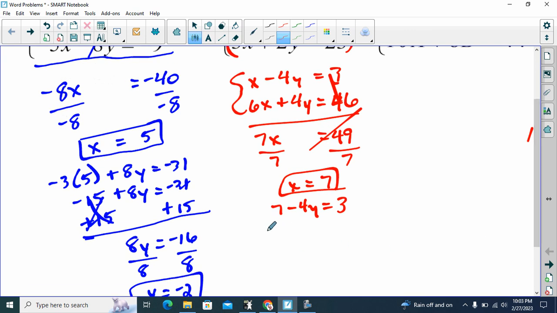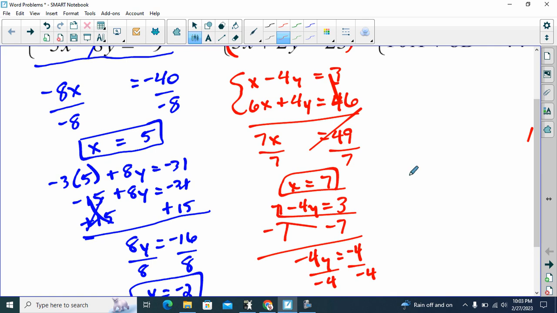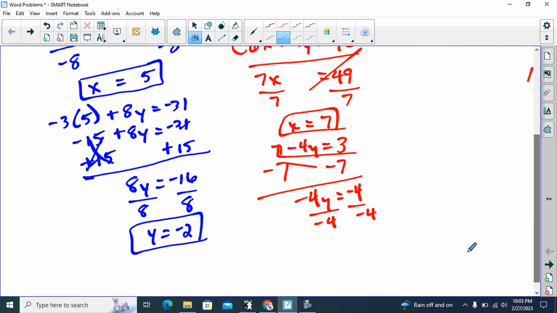Subtract 7 from both sides. Negative 4y equals negative 4. And divide both sides by negative 4. x equals 7, y equals 1.